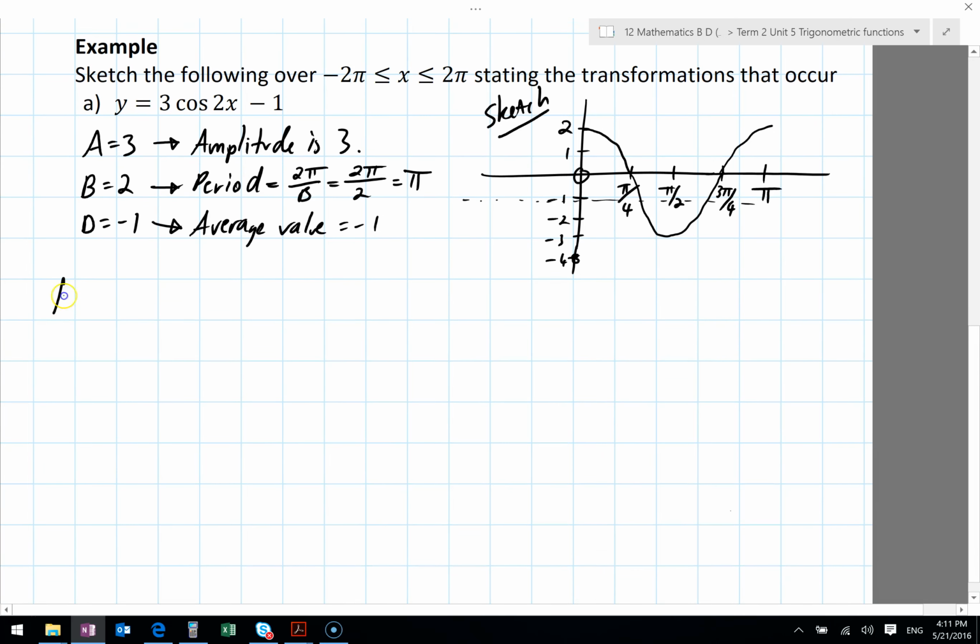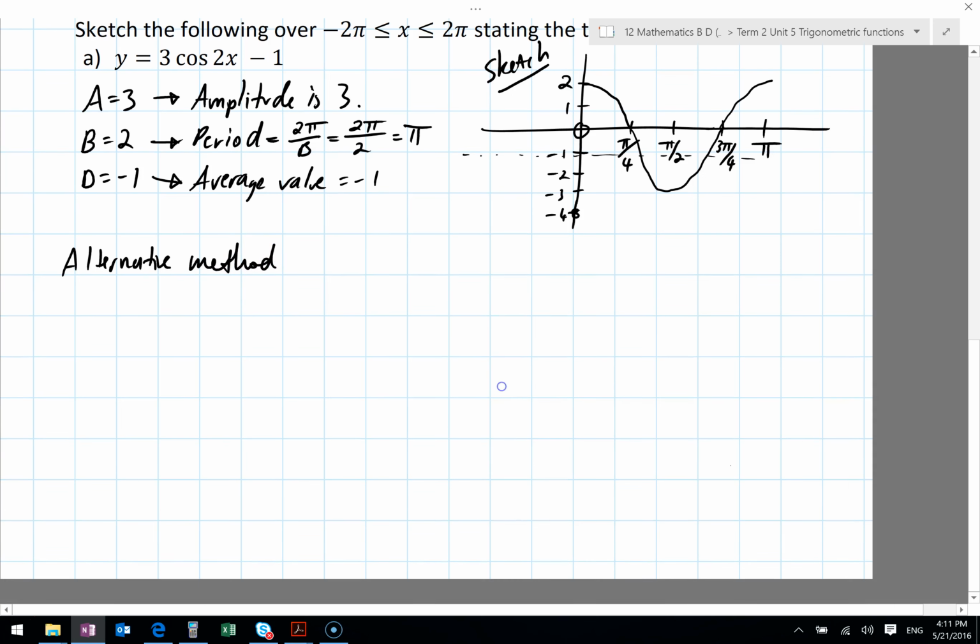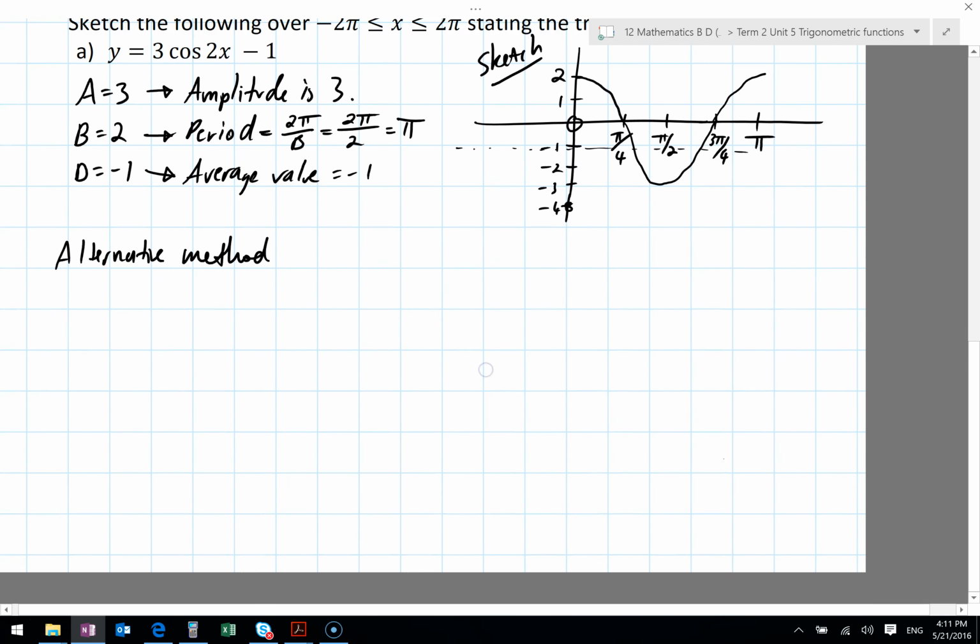An alternative way is to do it in 2 steps, where we take care of the amplitude and period first, and then deal with the vertical translation.